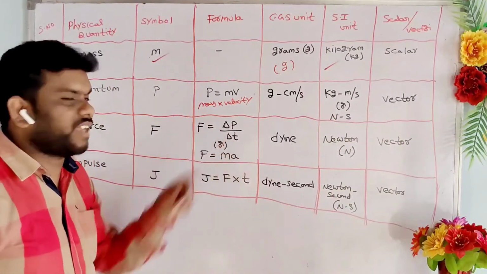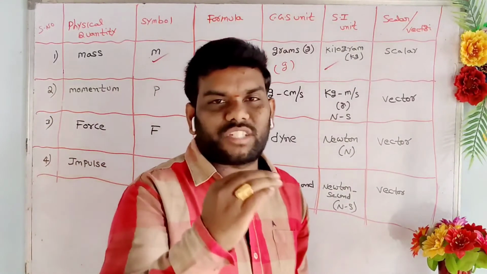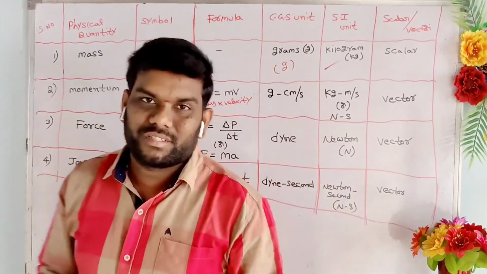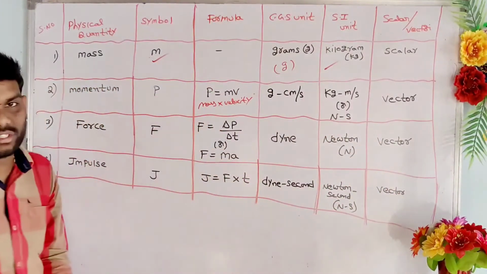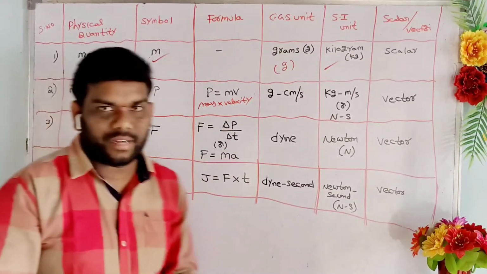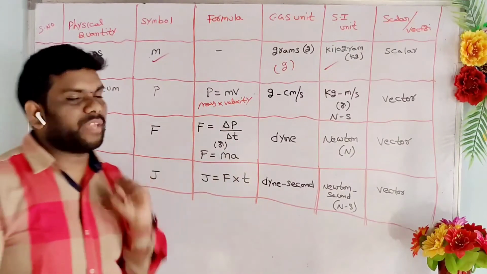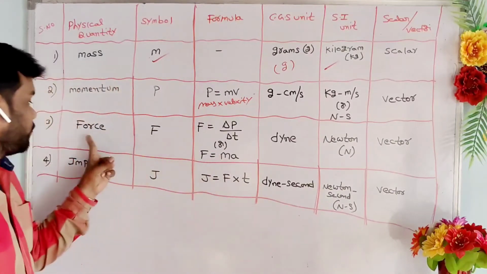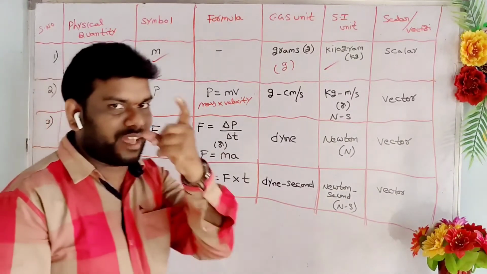Momentum. What is delta? Change. So the rate of change of momentum is equal to force. F equal to delta P by delta T. Here F equal to ma. I already derived this equation. Finally, force is equal to F equal to ma.